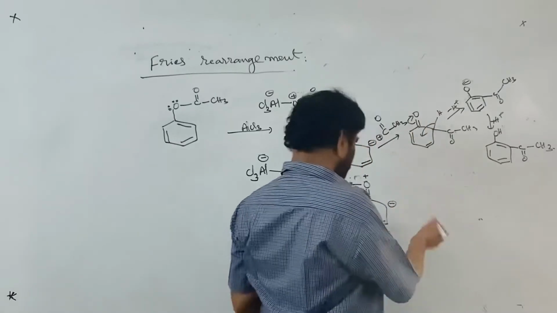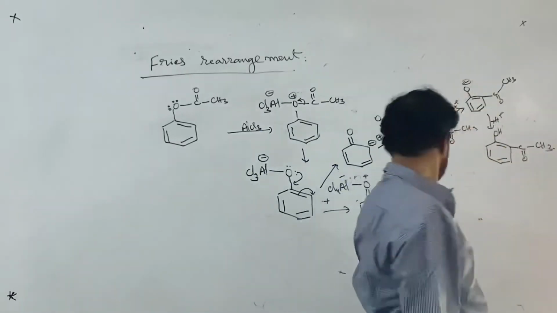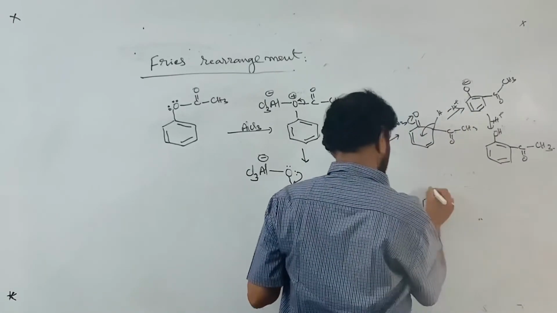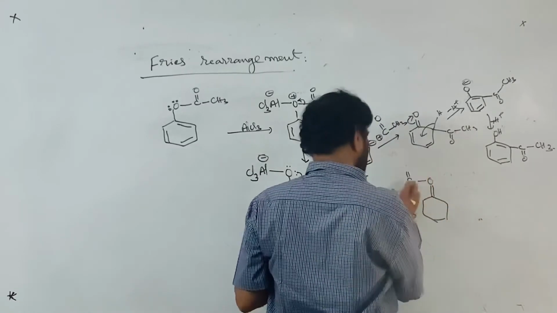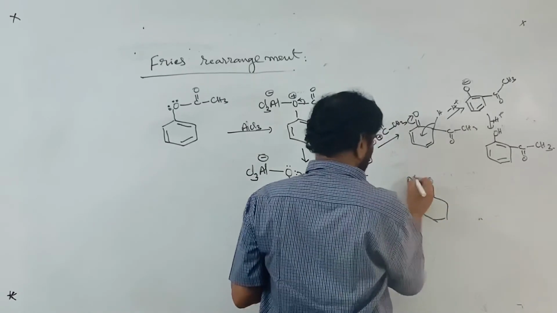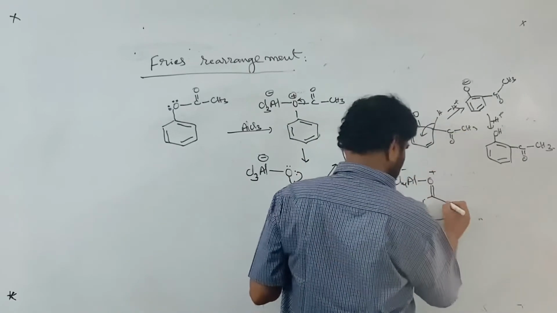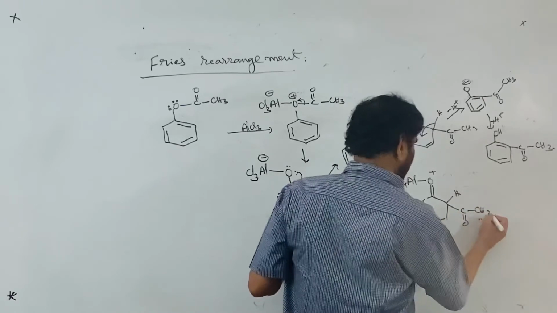The final step, that is H plus ion can remove the group. Let me write this one. AlCl4 minus, this is plus, this is H plus, this is acetyl group, right?